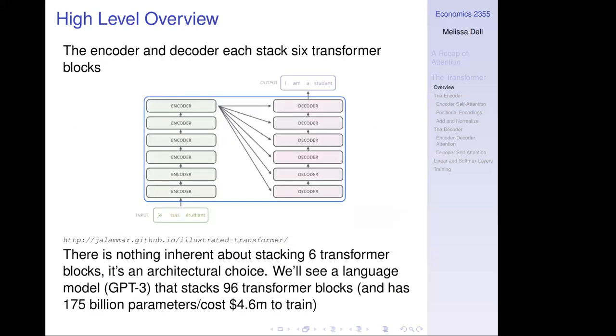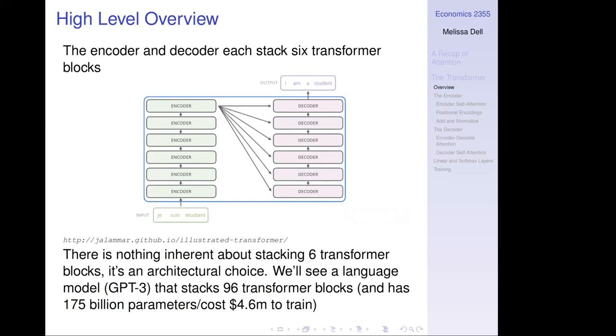Okay, and so in the transformer paper, there's a stack of 6 encoder blocks and a stack of 6 decoder blocks. So there's nothing inherent about stacking 6 of these blocks.